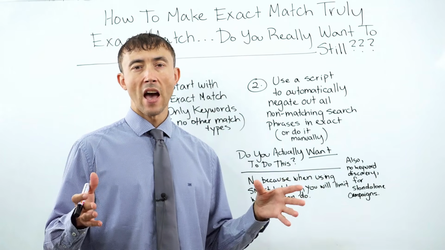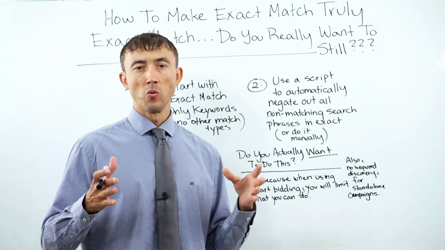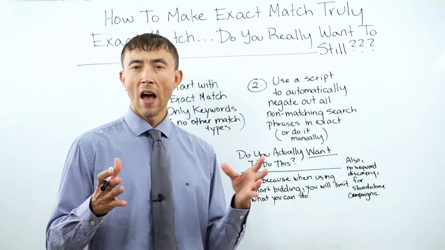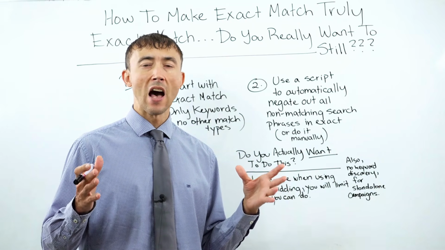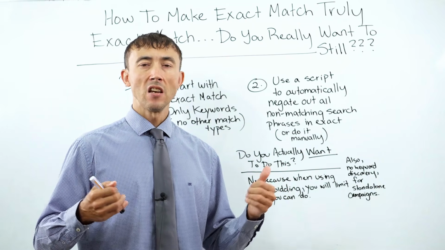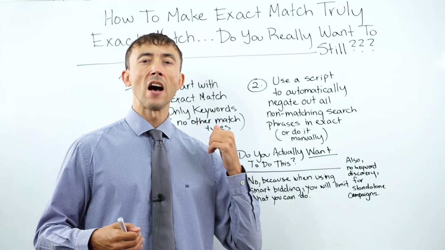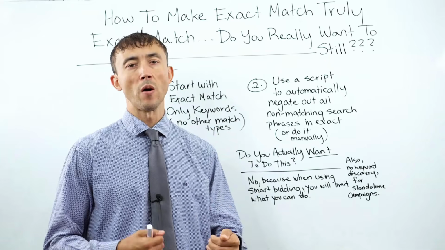Even though you only added 100 or 1,000 words with cheap in it and there's 10,000 possibilities with the word cheap in it, you don't have to add all 10,000 because the algorithm is trained to take the negative keywords that you have given it already so far and derive its own conclusions from that data.